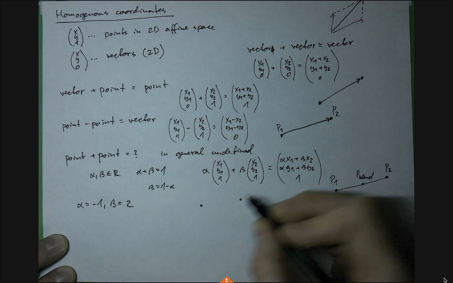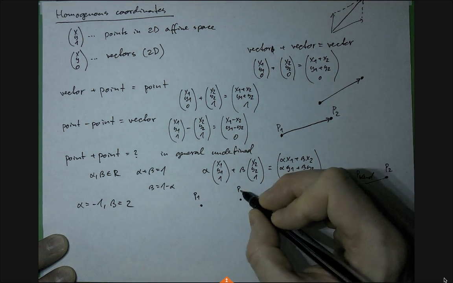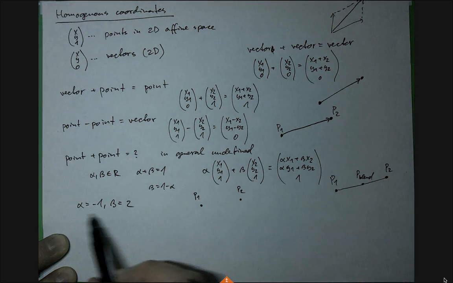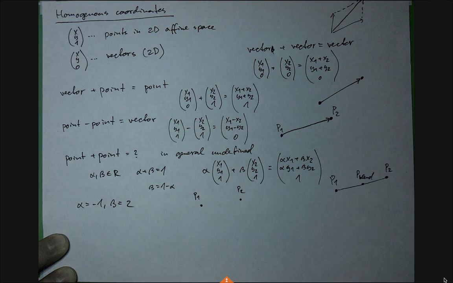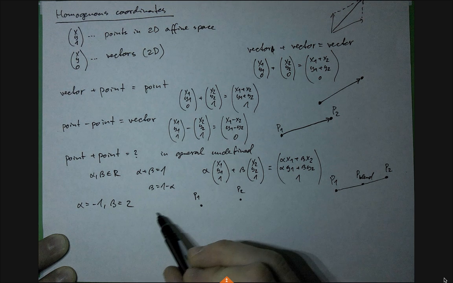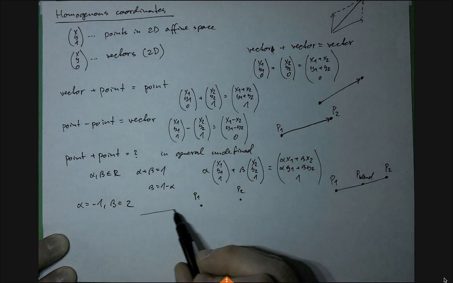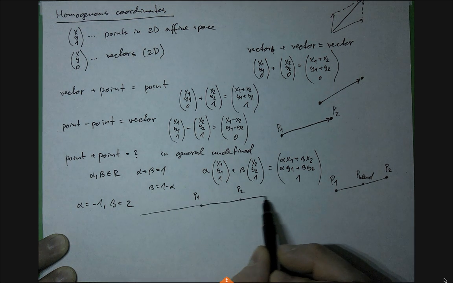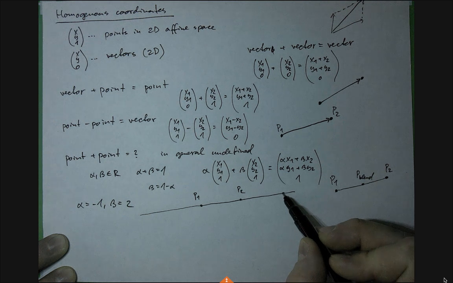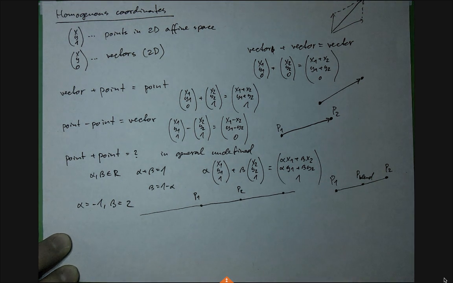If I have, again, P1 here, P2 here, what do I get if I take alpha -1 and beta 2? No longer the midpoint, right? But I think it's going to be a point on this line, right? I think it's going to be the point here, because it goes like 2.